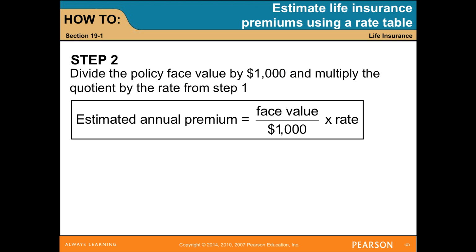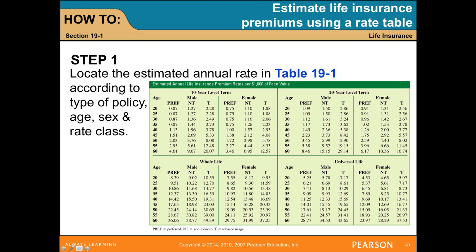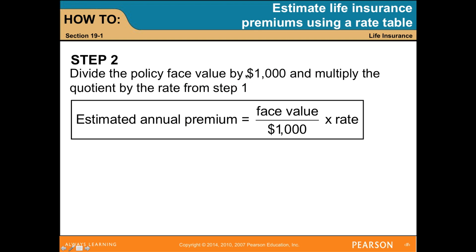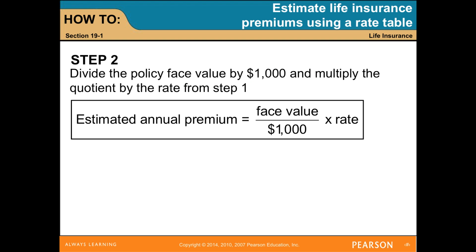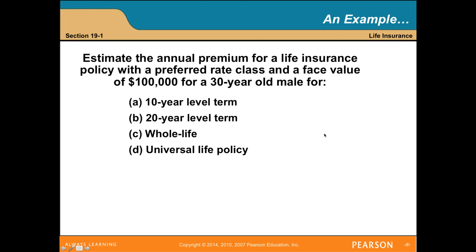The second step is to divide the policy face value by 1,000. So then here you have the policy face values. And multiply the quotient by the rate from step 1. So the estimated annual premium equals face value over $1,000 times the rate. Here's an example.